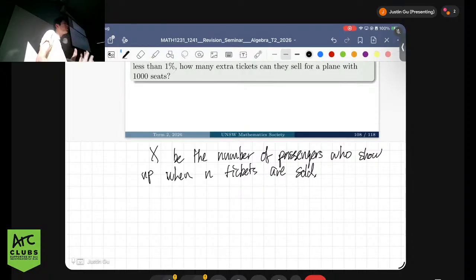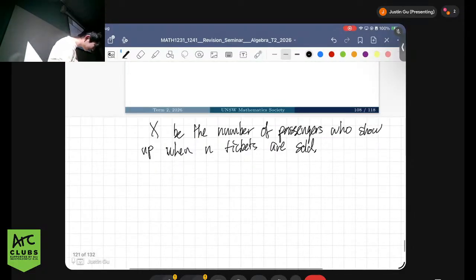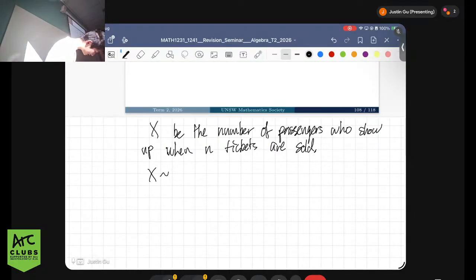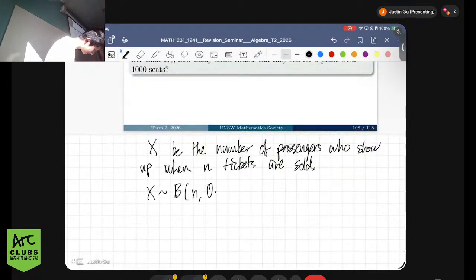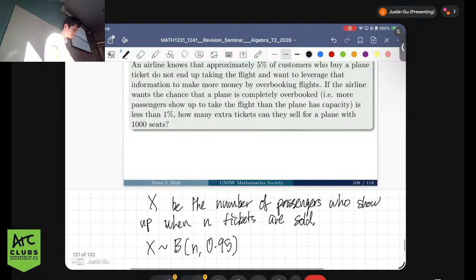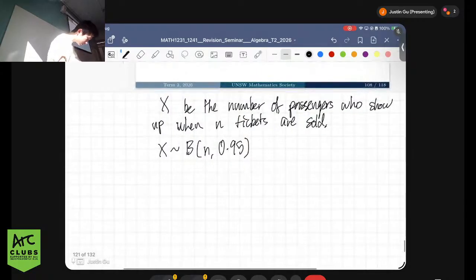And okay, we can model these passengers as being independent, right? Let's say there's not too many families or something. So then x is approximately the binomial distribution with n trials, and each person has a 95% chance of taking the plane, right? So we can approximate this.